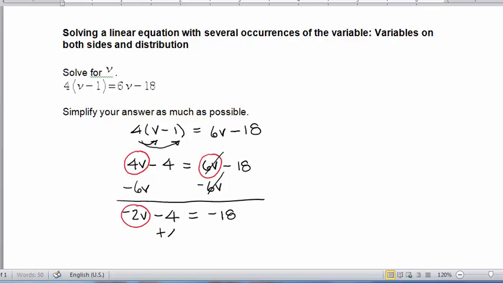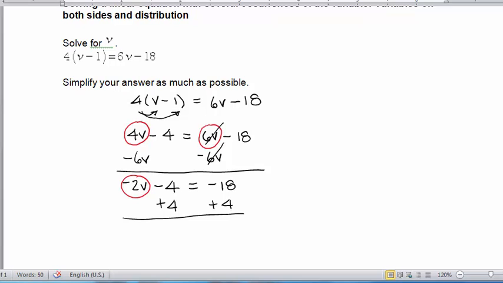That means I'm going to get rid of that negative 4 on the left hand side, so I'm going to add 4 to both sides. Those go away, and I simply have negative 2v equals, and negative 18 plus 4 is negative 14.